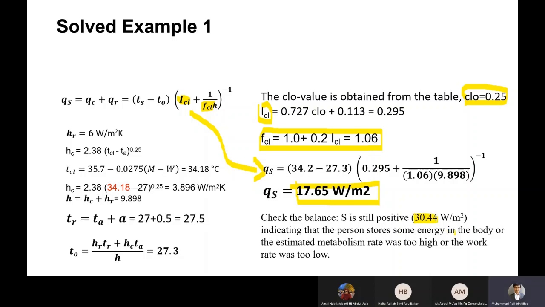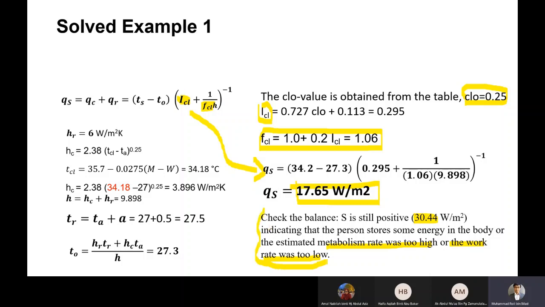So what happened here is that, one possibility, this energy is being stored in the body. You're forming fat, you're bulking up. Or the estimated metabolism rate was too high, probably it's not 58, or the work rate is probably too low. You will always have this.